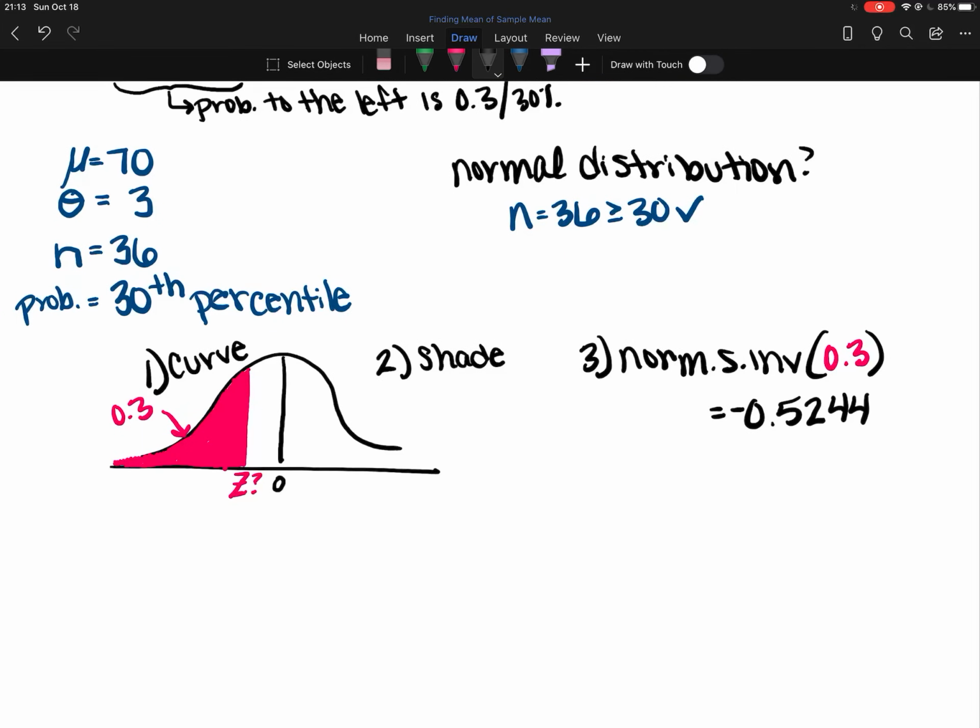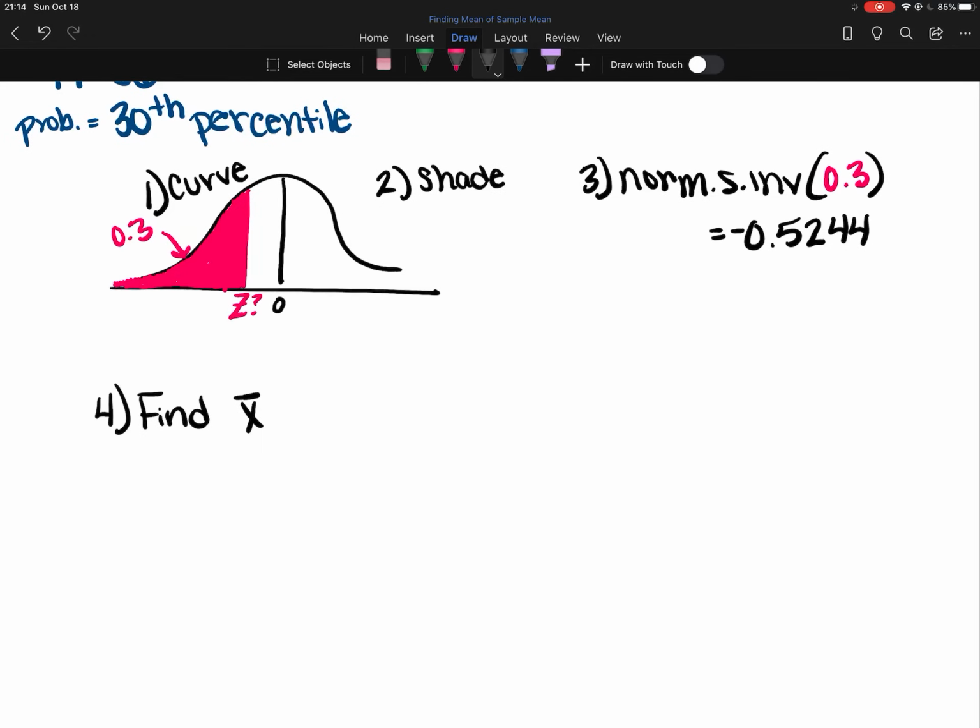So now the last thing we're going to do is we're going to find x bar. So before, when we were looking for an individual person's score or an individual person's height, we would have been finding x. Now we're looking for what the mean height of a sample of 36 men would be at this particular percentile. So we're finding x bar.